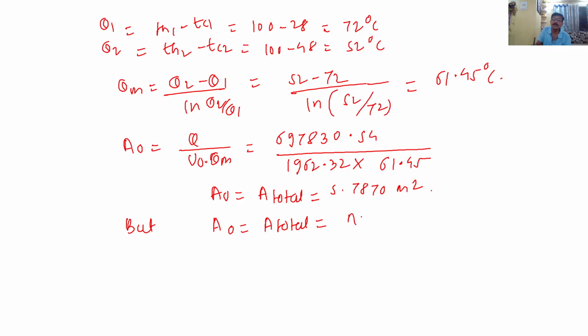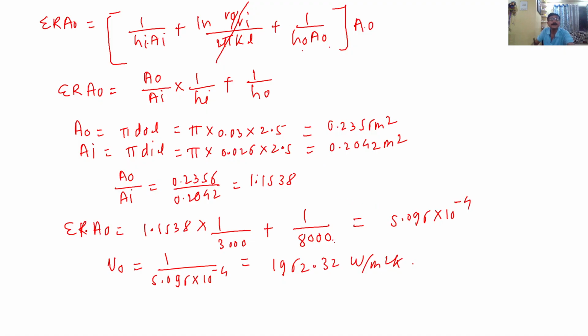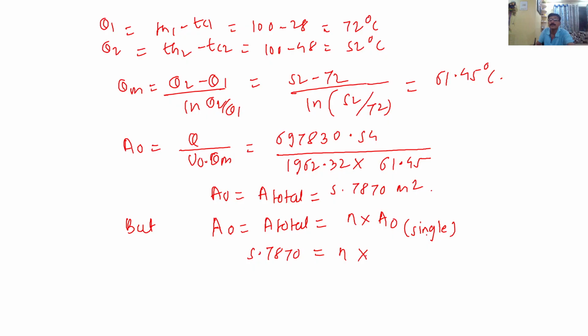But we know that A total is equal to N into A0 for a single tube, as I have taken based on outer area. What we have calculated is A0 for all the tubes in the shell and tube heat exchanger. So A total I know, 5.7870, equals N, and what is the outer area of a single tube? Look here, this is the area O of a single tube, 0.2356.